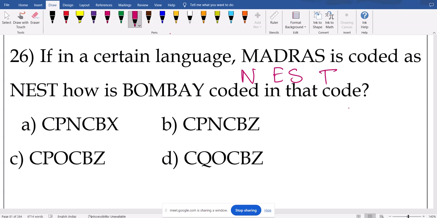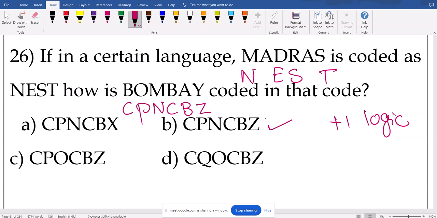The logic we got the idea of is plus 1 logic. Actually, vowels should be ignored, but here in the options they mentioned everything. So C, P, N, C, B, Z. So we have option B. In fact, they should give only C and Z, they should remove this P and B. As per the original logic, they want to skip the vowels.